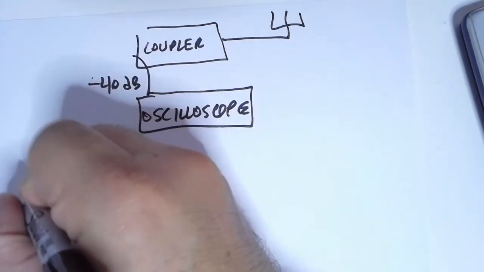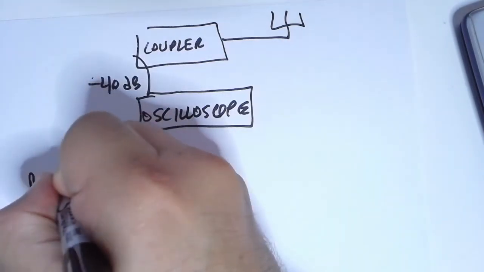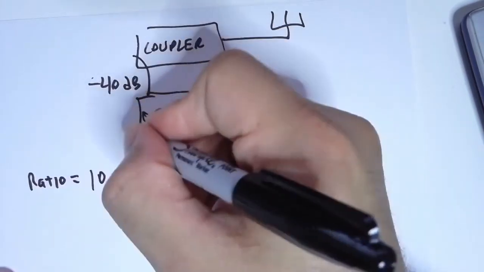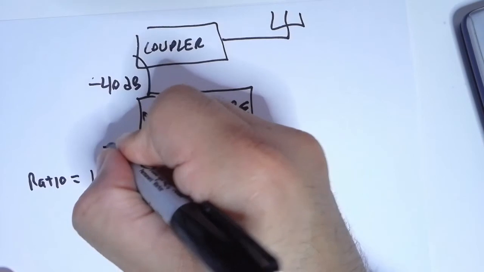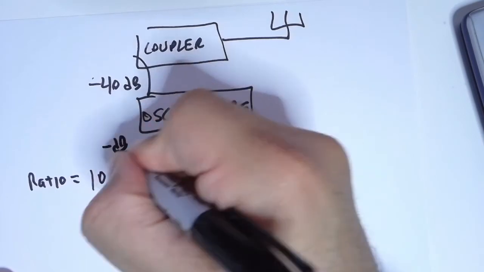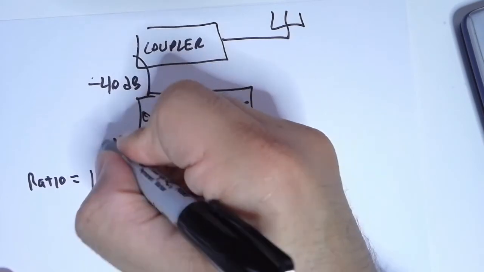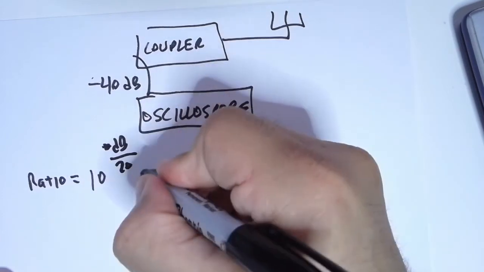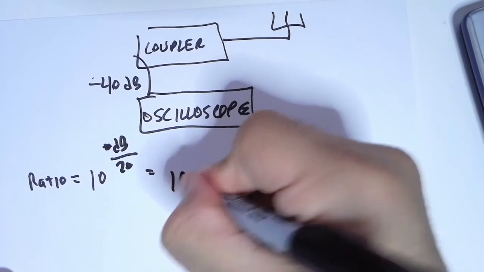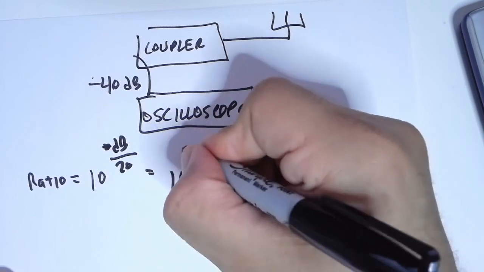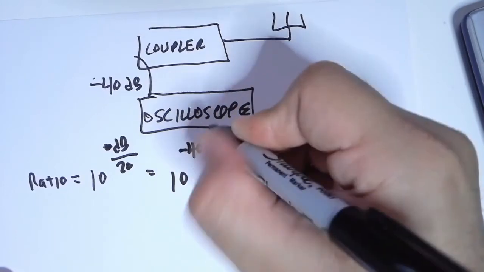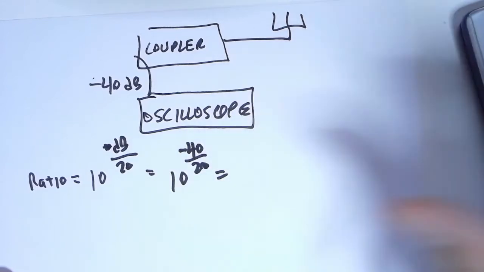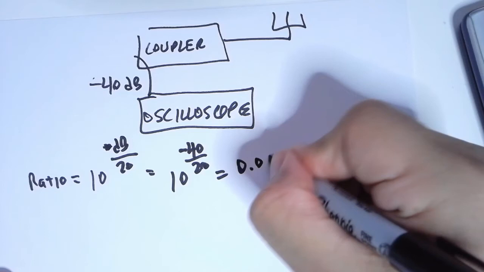So we have that the ratio is going to be given by 10 raised to the dB by 20. In this case, the ratio that we want is 10 raised to negative 40 dB over 20, and that is 0.01.